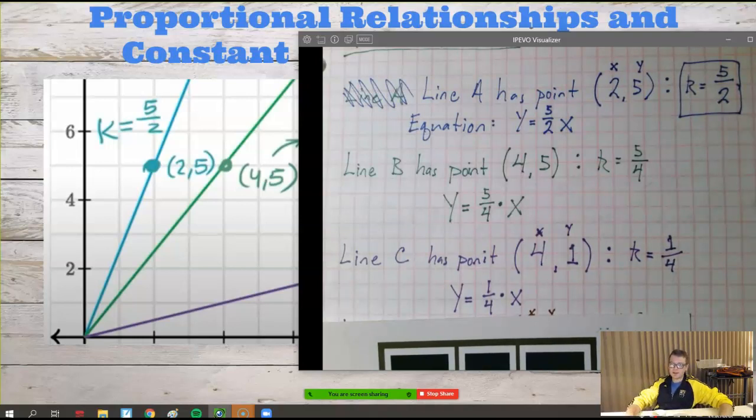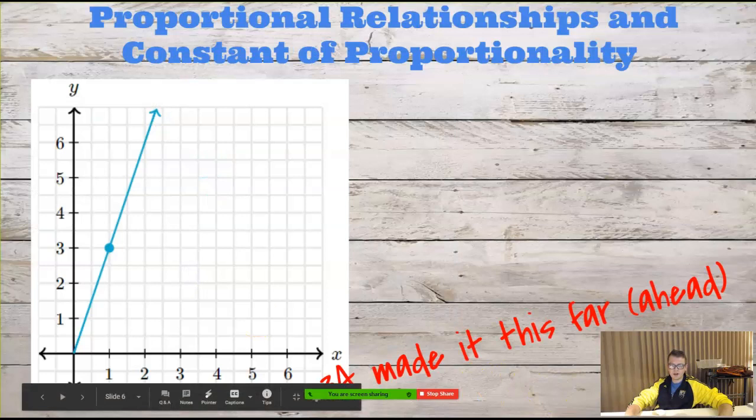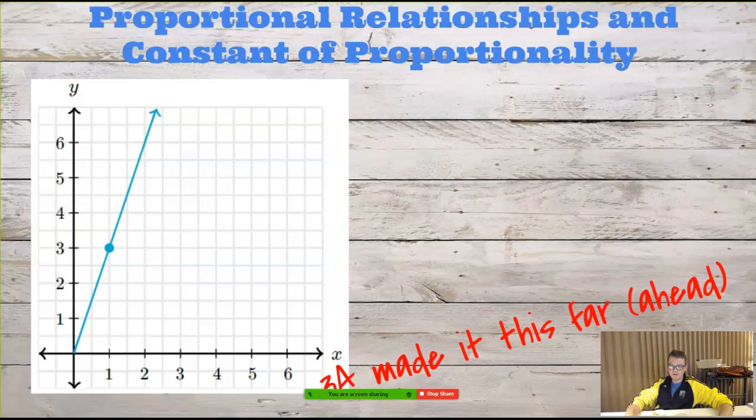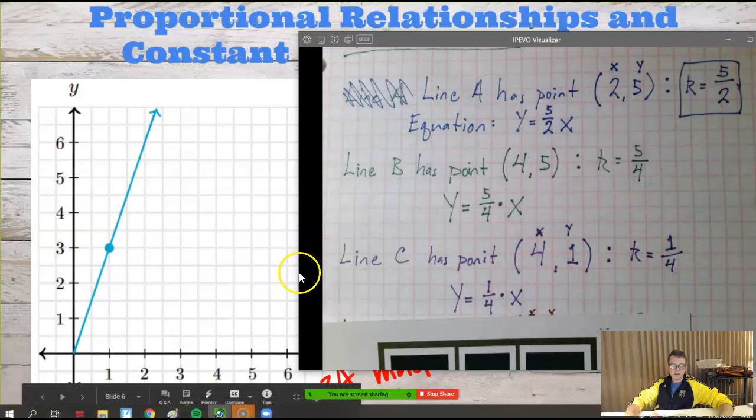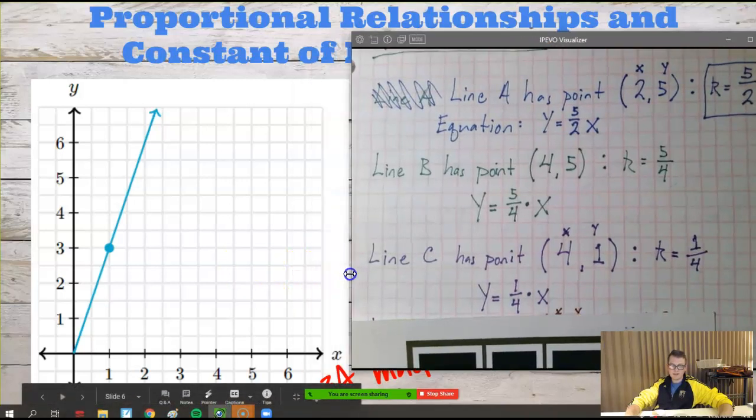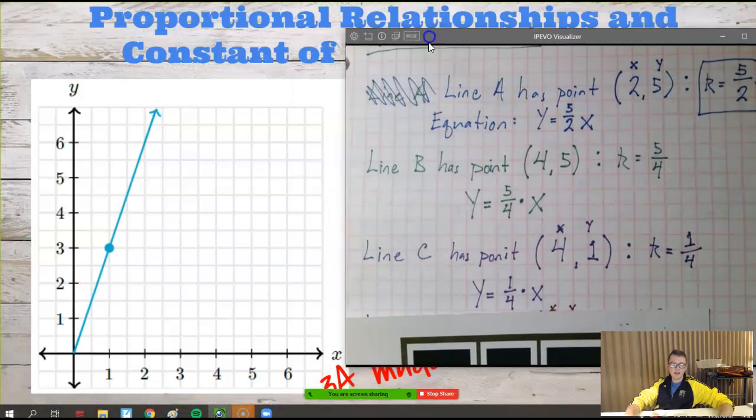Assuming we have some time, I plan to do a Desmos activity next week to review this sort of stuff. Try this one on your own. We can call this line D. So if you want, you could write down line D has point.